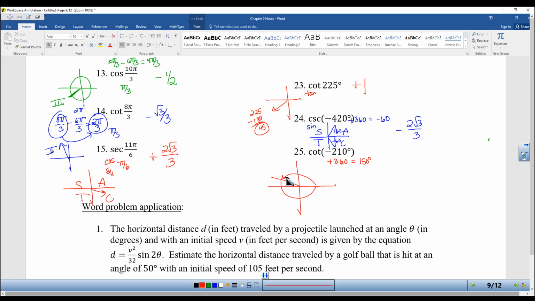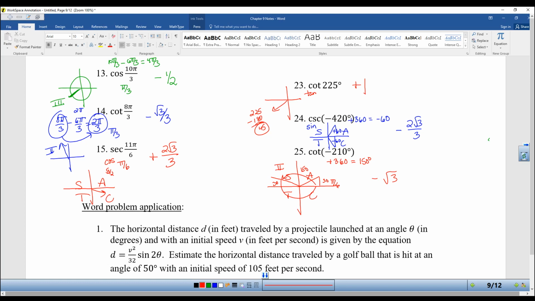So this is 150, which means that this is 30, which means my reference angle is also 30. So for cotangent of 30 or pi 6, it's the square root of 3. But I did land, negative 210 is in quadrant 2. And according to my forecast, tangent is negative in quadrant 2, so is cotangent.